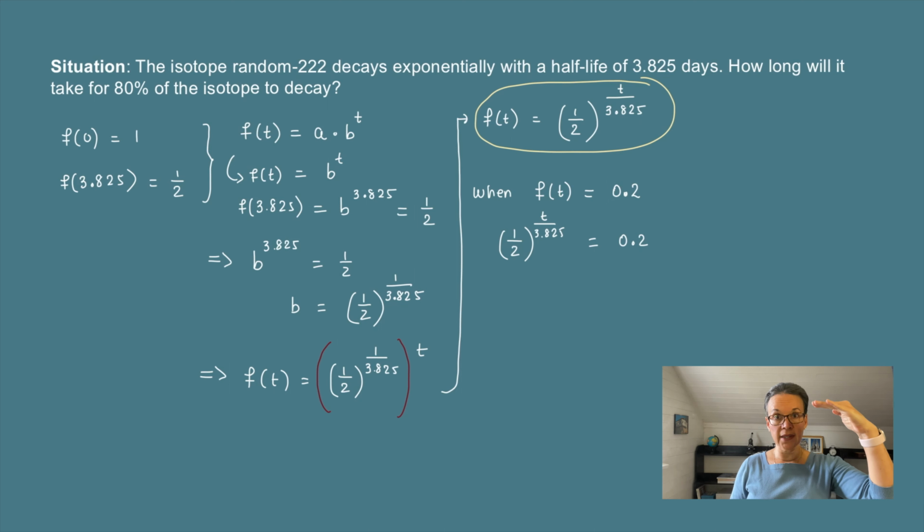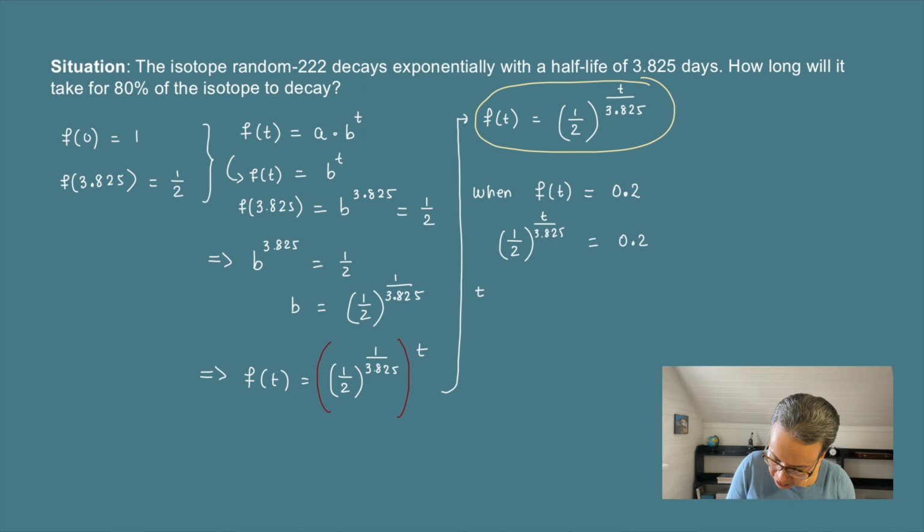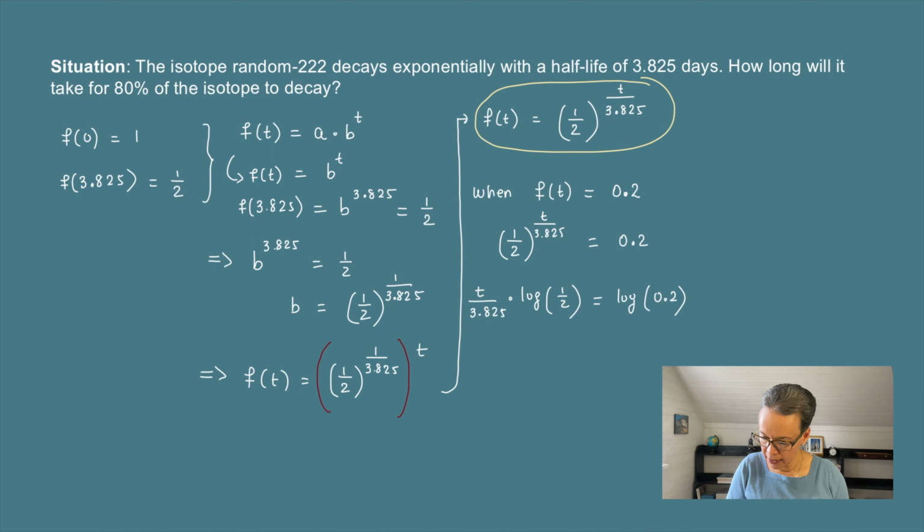Because t is in the exponent, we're going to log both sides. So we're going to have t over 3.825 times the log of 1/2 equal to the log of 0.2.